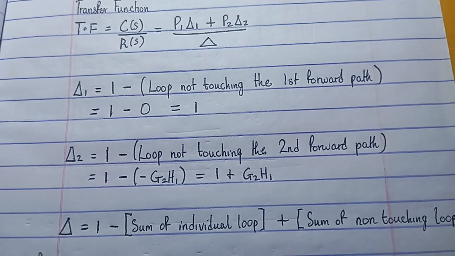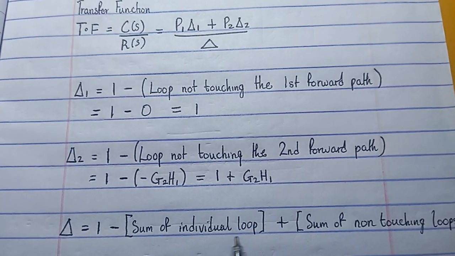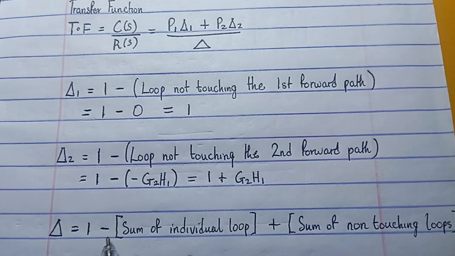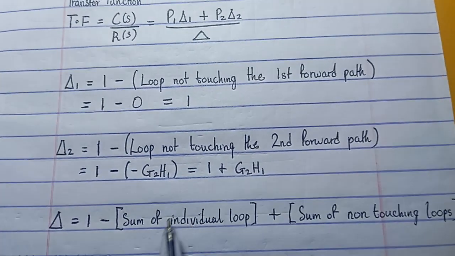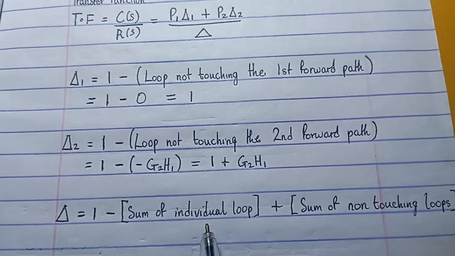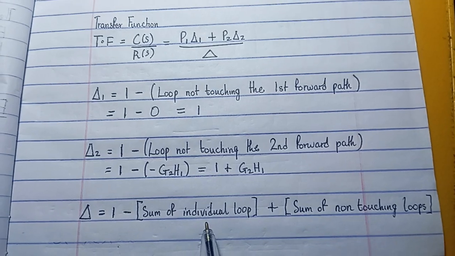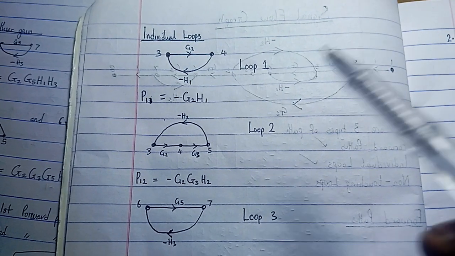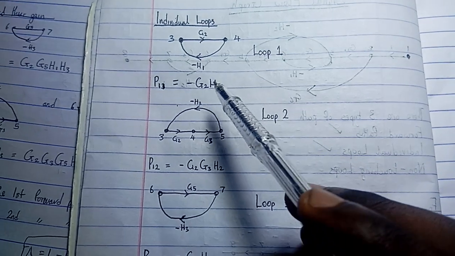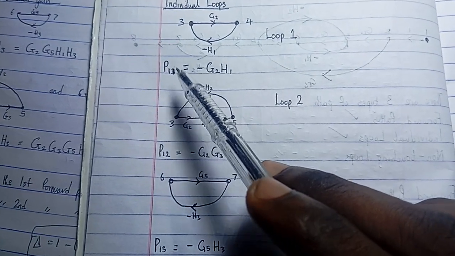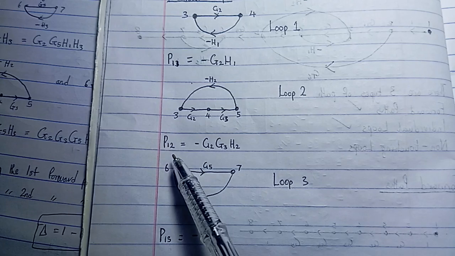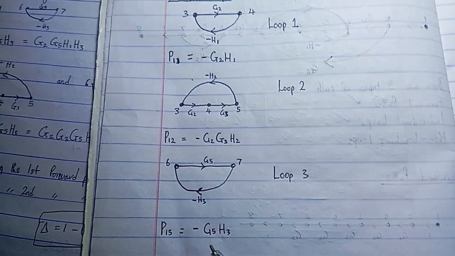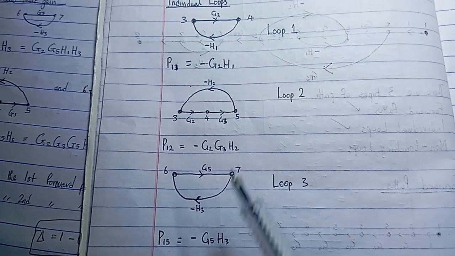Now, delta is 1 minus the sum of the individual loops plus the sum of the non-touching loops. This minus only affects this bracket here. I just need to clarify that. So now let's go to our individual loops. We're summing the gains on all individual loops: P11, which is this, plus P21, which is this, plus P31, which is this.